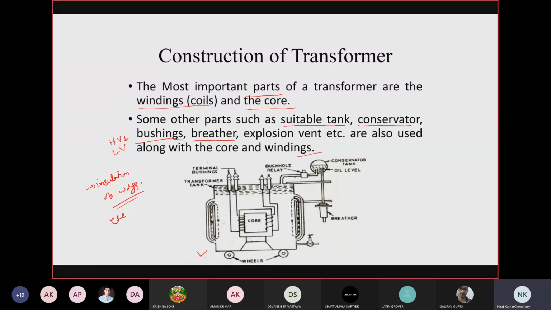You can see the placement of these different components inside a single phase transformer.